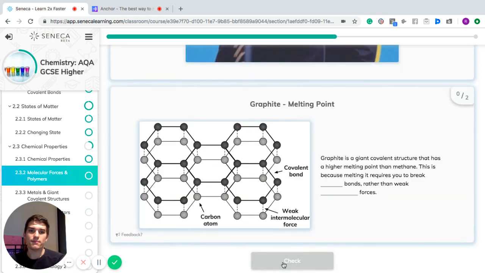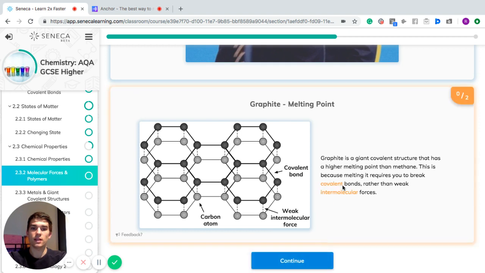Now, graphite, let's have a think about its melting point. We know that graphite is a giant covalent structure, and it's got a higher melting point than methane. This is because melting requires you to break the covalent bonds rather than the weak intermolecular forces.